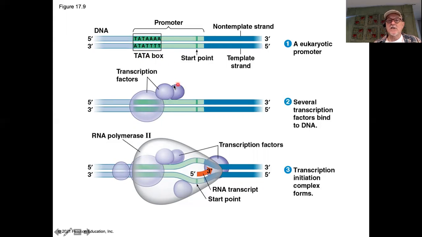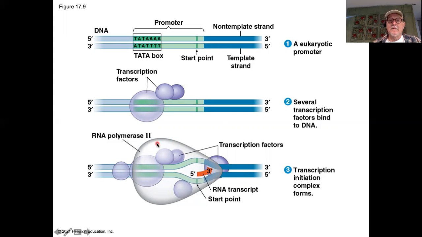The TATA box actually encourages the binding of transcription factors. And the transcription factors are kind of placed so that they encourage the RNA polymerase to bind tightly to the DNA. So here it is here. And this we refer to as the transcription initiation complex. So the whole thing eventually, we'll refer to it as the transcription complex.